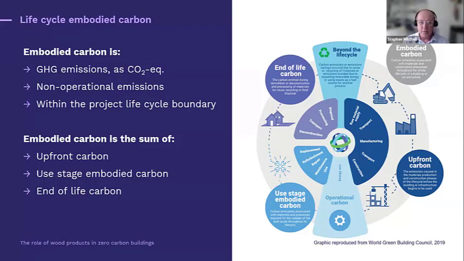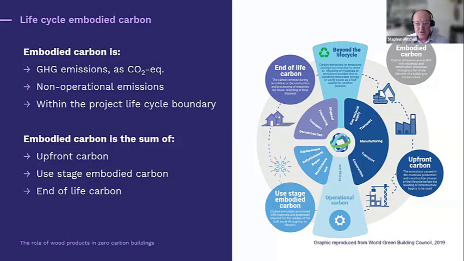So embodied carbon really is the greenhouse gas emissions, expressed as carbon dioxide equivalents. As Fabiano mentioned, methane is one of the greenhouse gases that has a particularly high warming factor. Carbon dioxide is the major one, of course, but you have a whole range of smaller greenhouse gases.